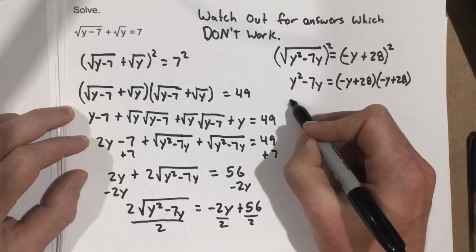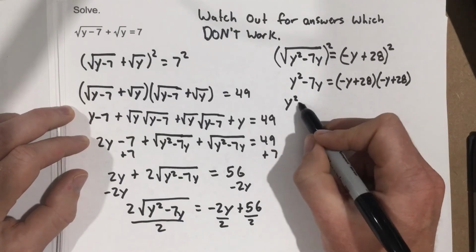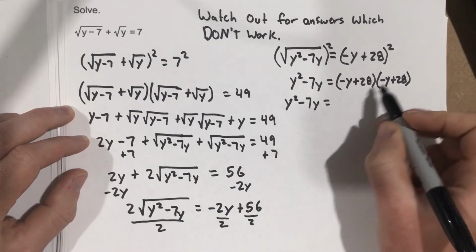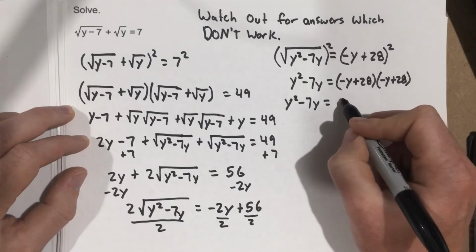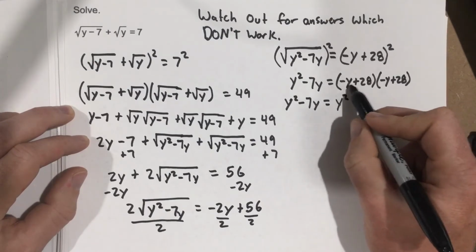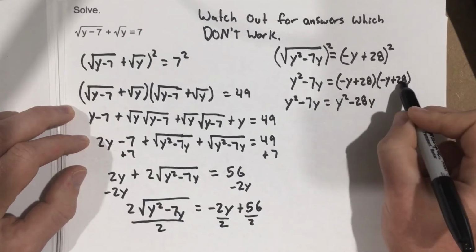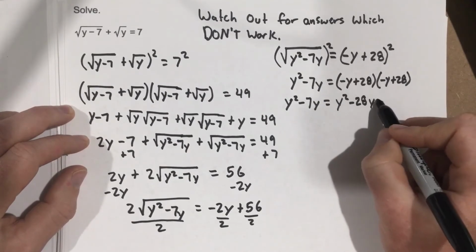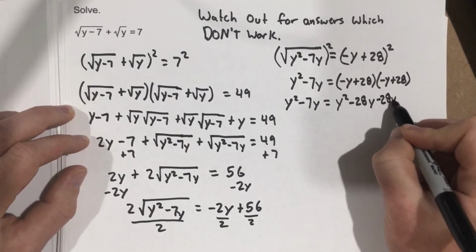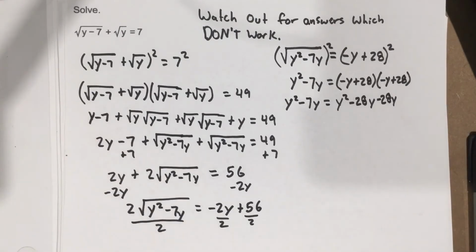So I end up with y squared minus 7y equals, this will be a y squared, this will be negative 28y. When I take negative y times 28, I get negative 28y here. And 28 times 28, 784.